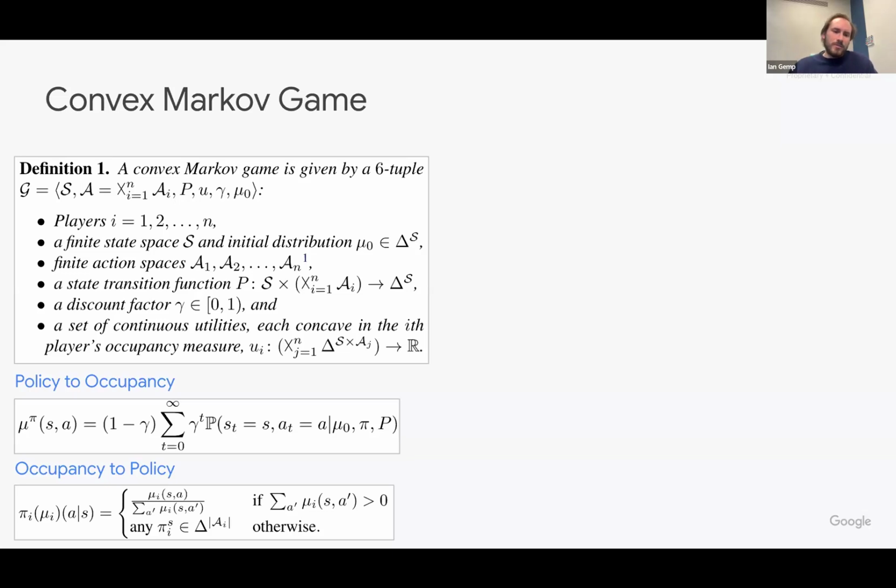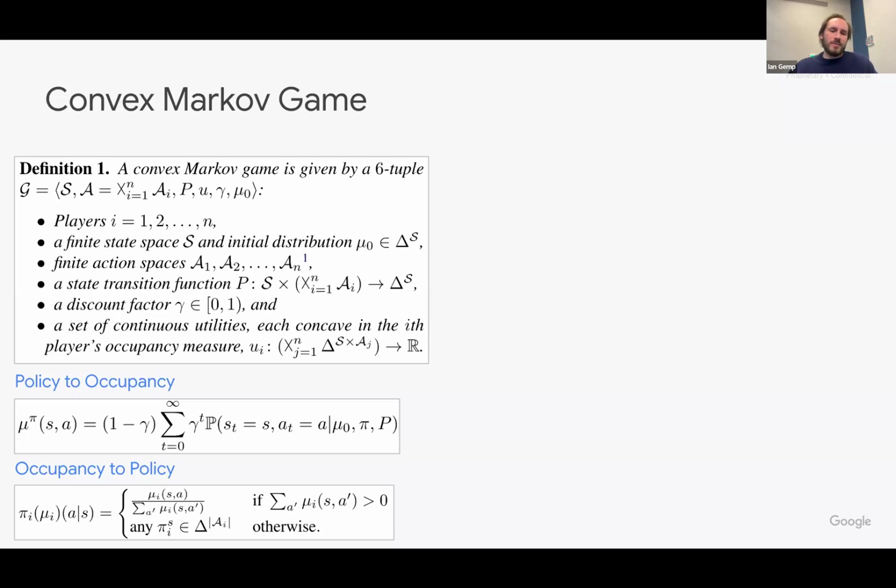If you take your occupancy measure over states and actions and you want to derive a policy, it should seem intuitive that you just need to normalize over the distribution over the actions that you take in a given state. So that tells you your probability of choosing an action conditioned on that state.